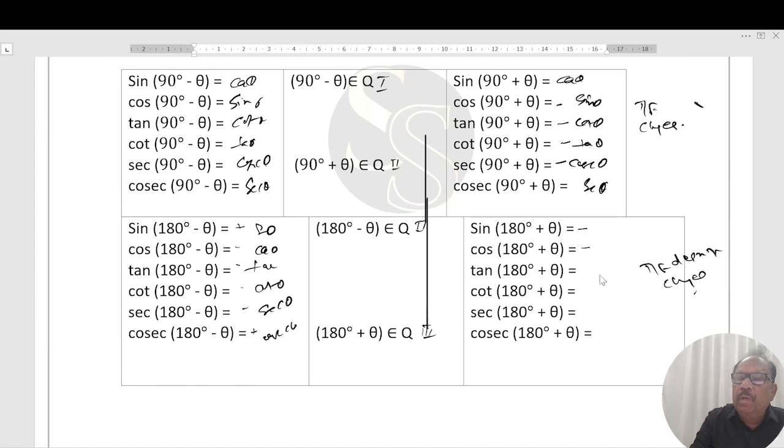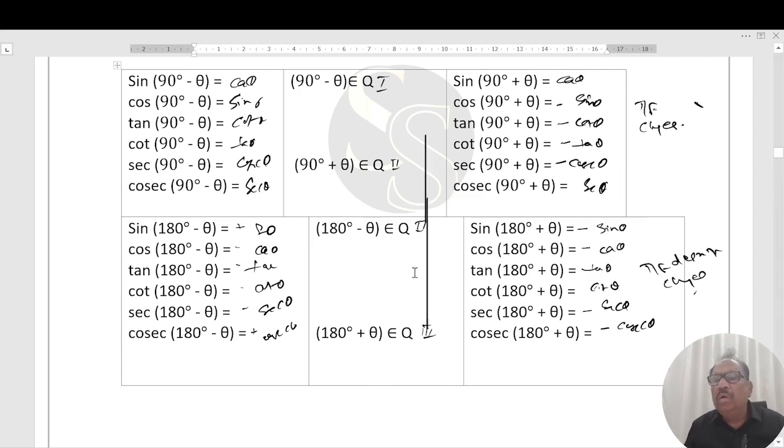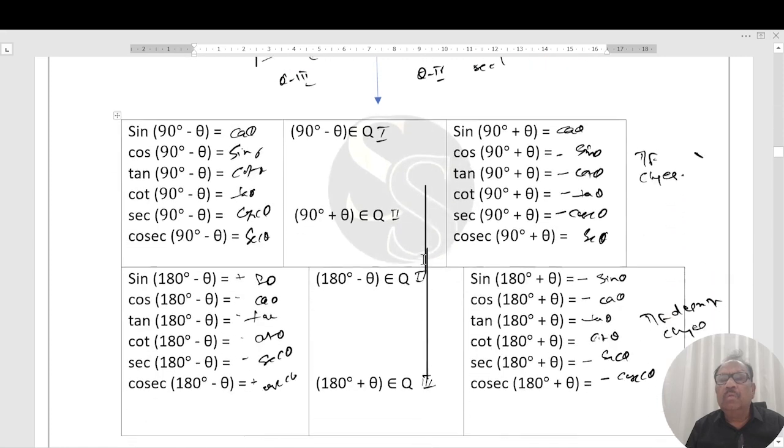So sine theta negative, cos theta negative, tan theta, cot theta, sec theta negative, cosec theta negative. Right? In the quadrant third, this is negative, so this is over.